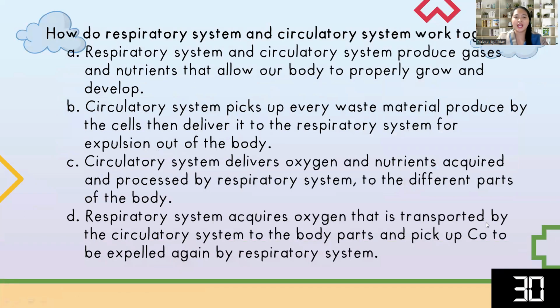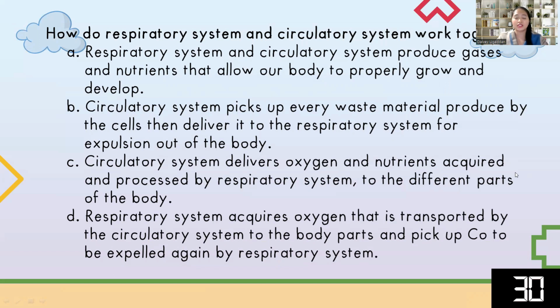Question number 9. How do the respiratory system and circulatory system work together? Is it A, the respiratory system and circulatory system produce gases and nutrients that allow our body to properly grow and develop? B, circulatory system picks up every waste material produced by the cells, then delivers it to the respiratory system for expulsion out of the body.